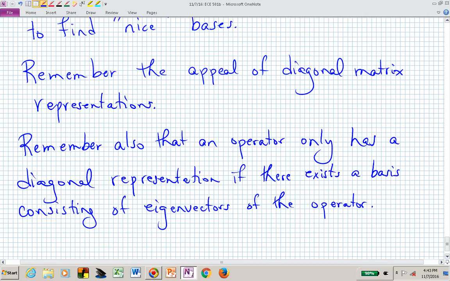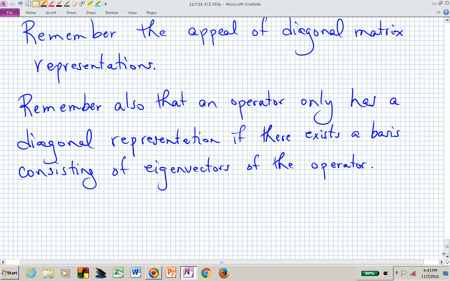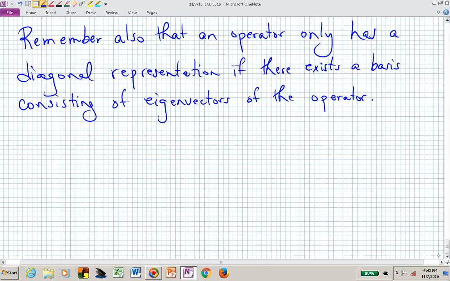So if we can find an operator that has eigenvectors that make a basis, then we could diagonalize that operator. What we want to do now is further specialize that, now that we've introduced this idea of inner products. Now we can normalize those eigenvectors.